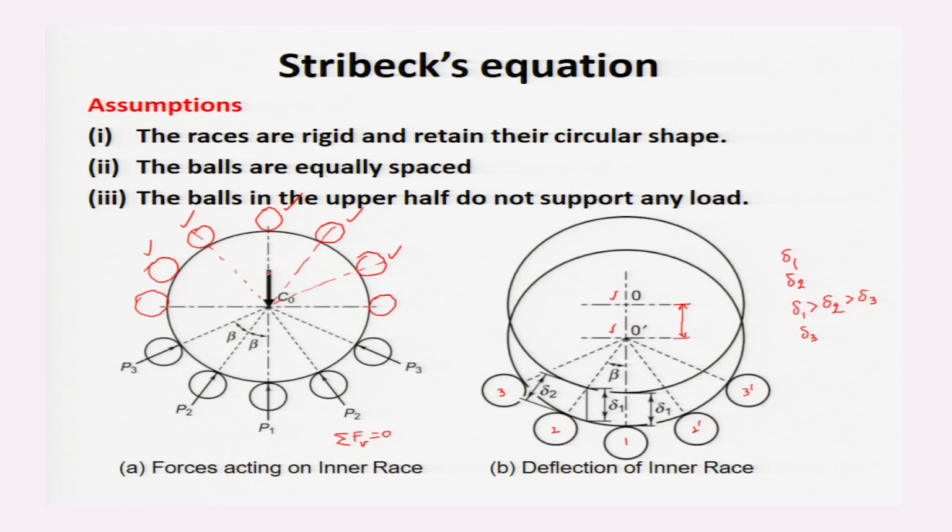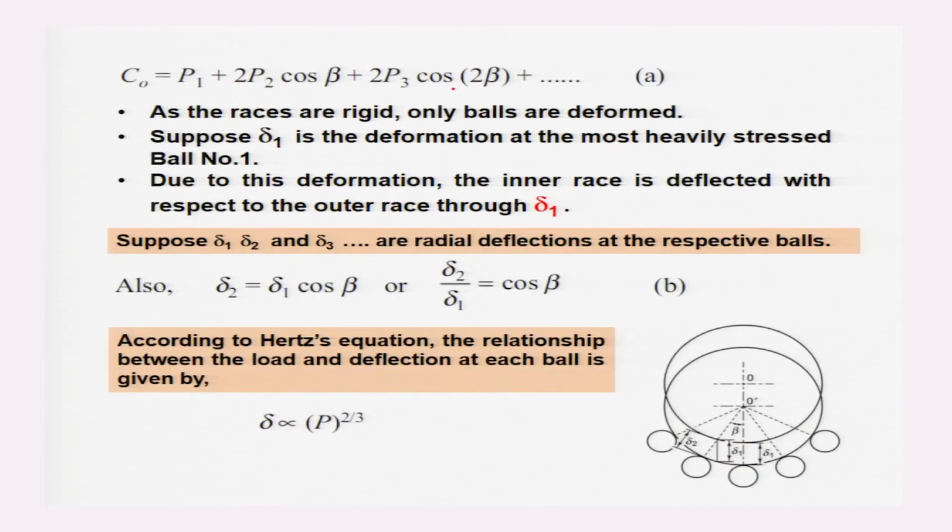And as the loads are symmetrical, these reactions are symmetrical, their horizontal components will support each other or nullify each other. So, there will be summation of vertical forces equal to 0, and in this way you will relate the forces or the reactions which are acting at the balls with the static load carrying capacity C0. So, that is shown here.